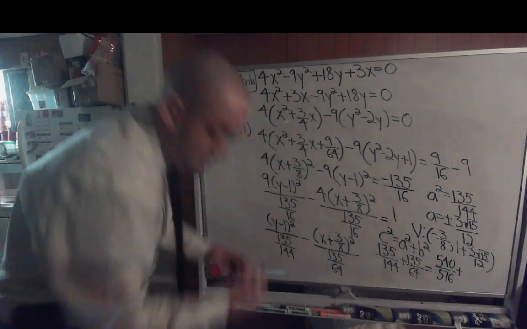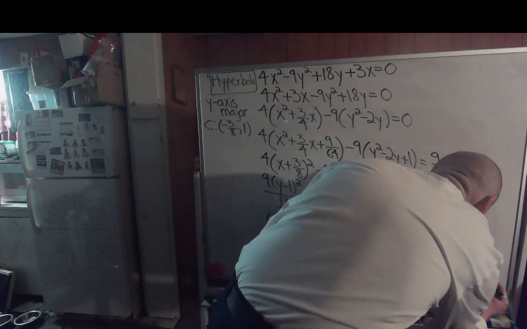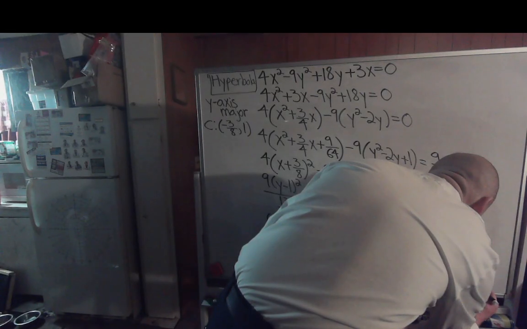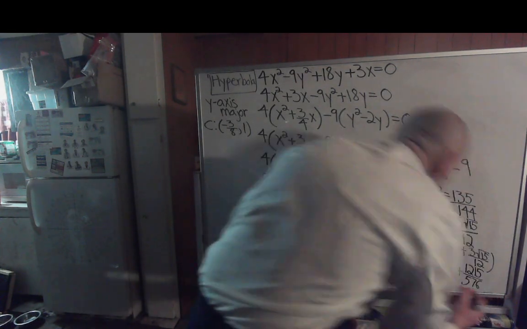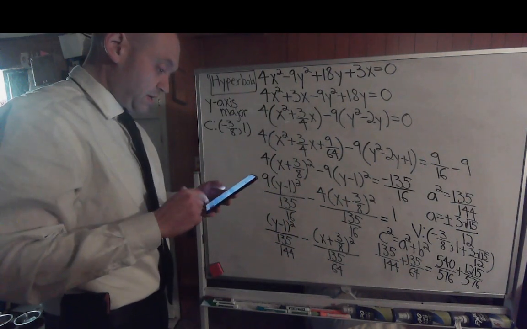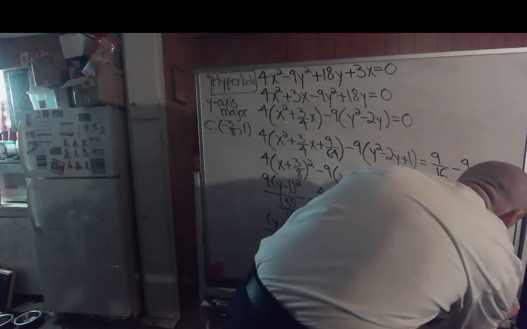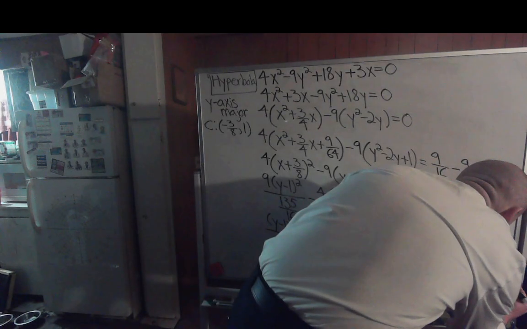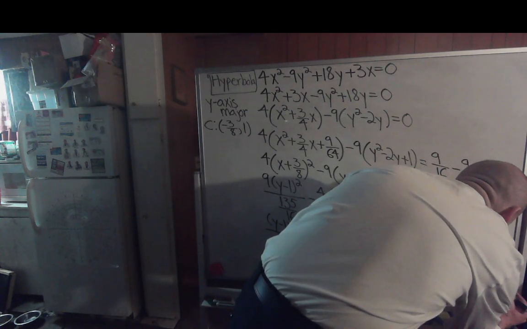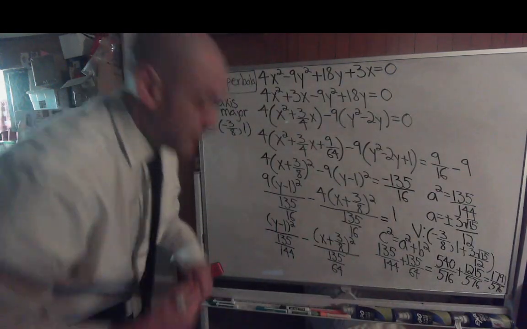That'd be 1,215 over 576. So let's add those together. You get 1,791 over 576 for your c squared, mind you.